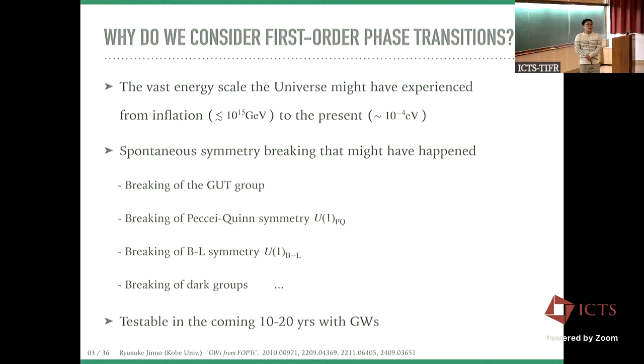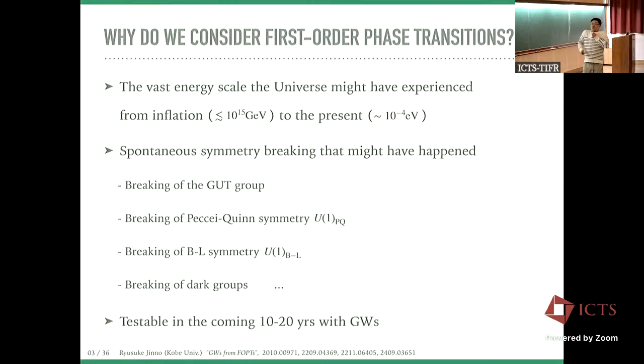So you may ask, why do we consider first order phase transitions in the first place? My answer in this talk is, let's imagine the vast energy scale the universe might have experienced, from inflation down to the present. That is 20-something orders of magnitude difference.